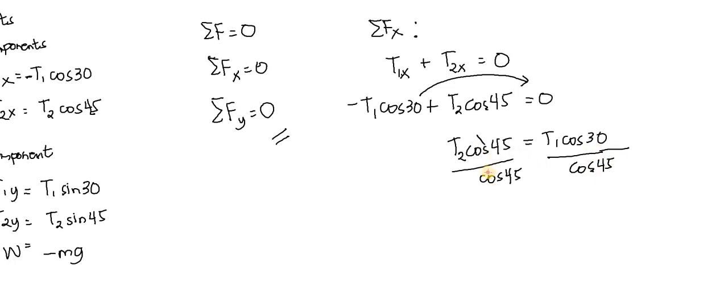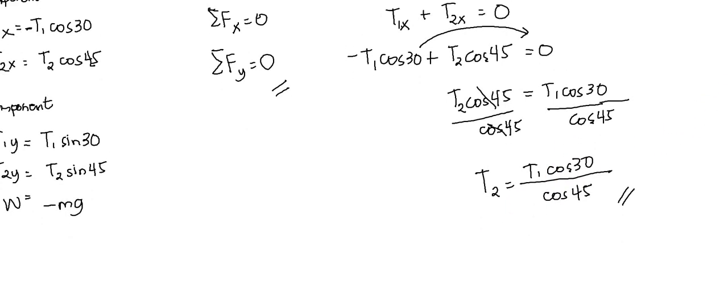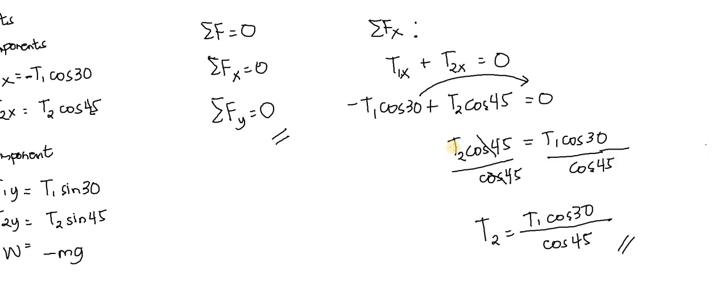So we can now cancel out cosine 45 here. So t2 is now equal to t1 cosine of 30 all over cosine of 45. Let's just stop here for a while because we do not have a value for t1. Again, that's t2.